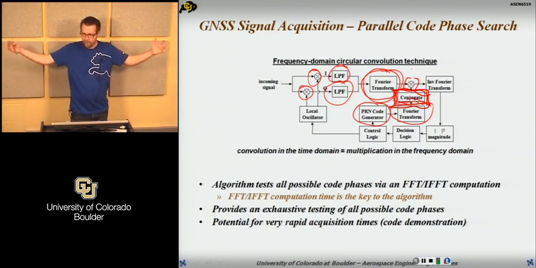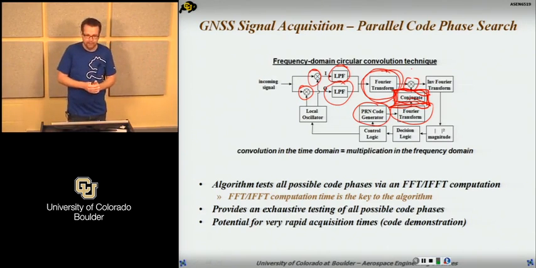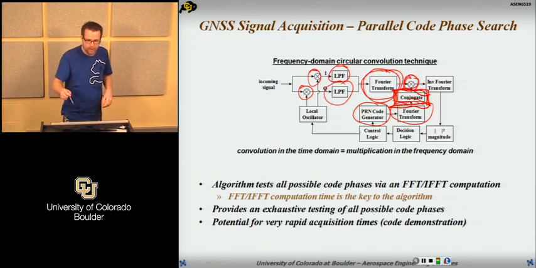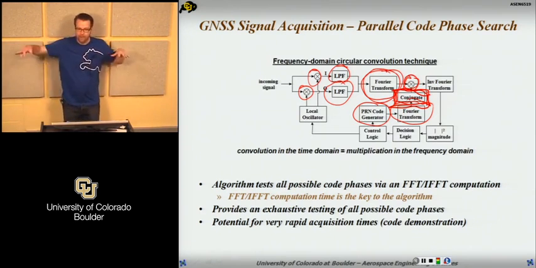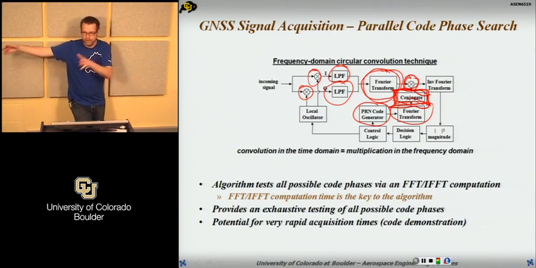So instead of searching 2046 chips, just do an FFT and multiply them together. Rather than trying 2046 different steps, where each step requires a multiplication of 2046 values, we do the FFT, then one multiplication, that's all we need to do.